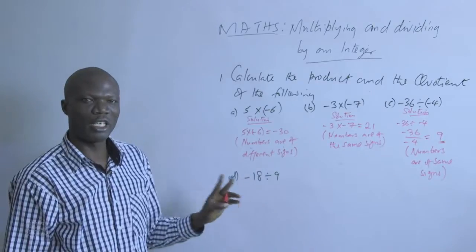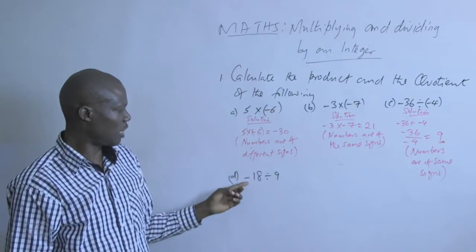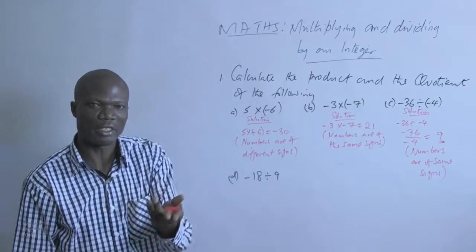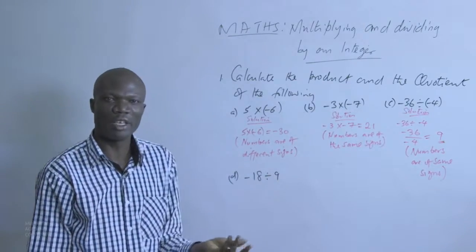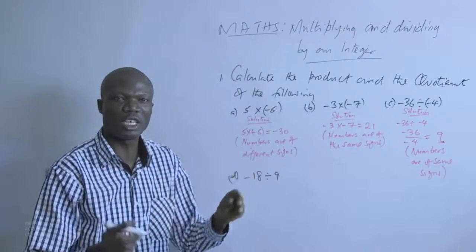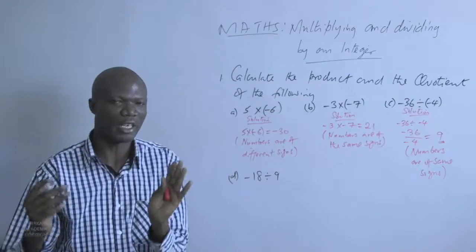For the last one here, just identify that the first number is negative, the second number is positive. The rule says when two numbers have opposite signs, the answer should be negative.